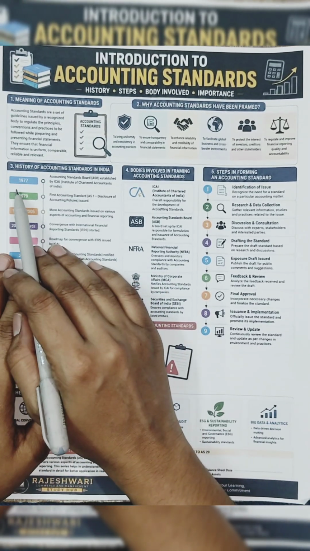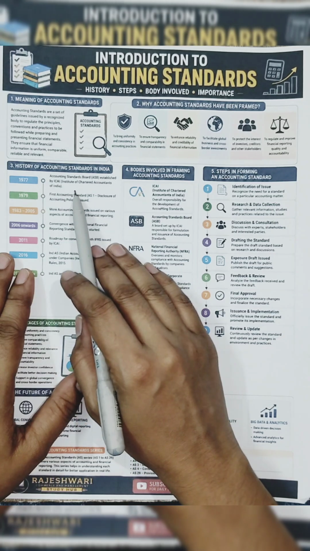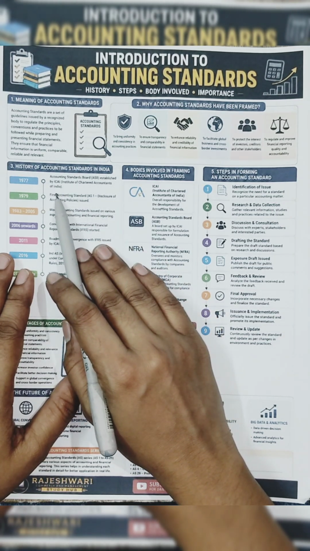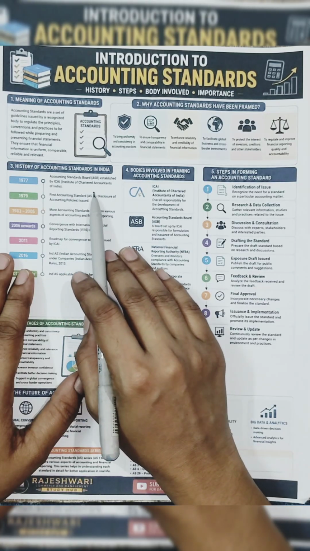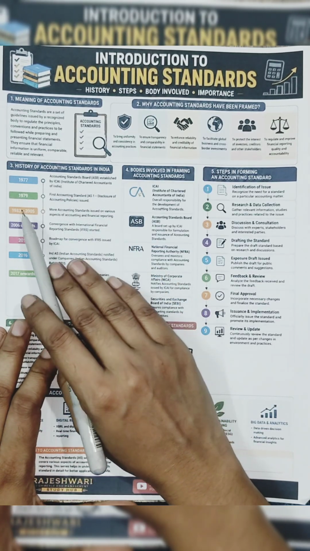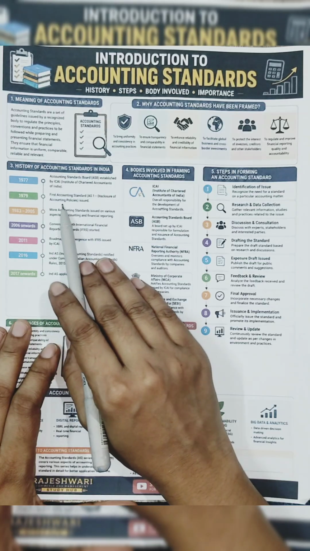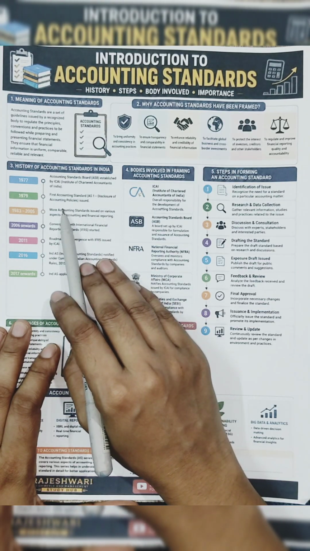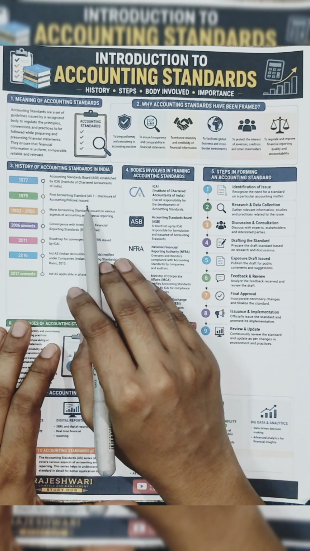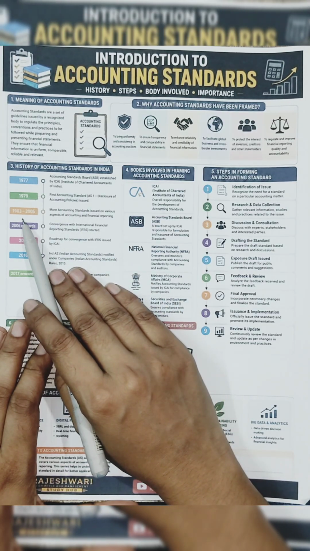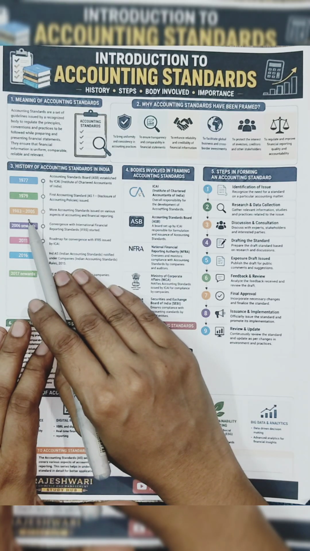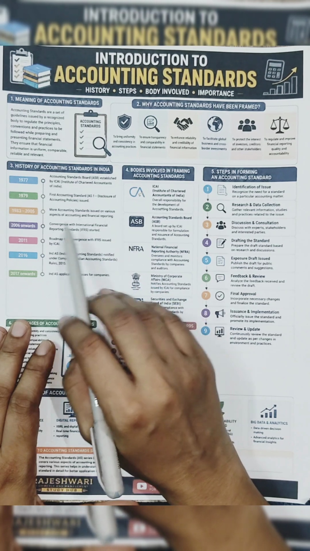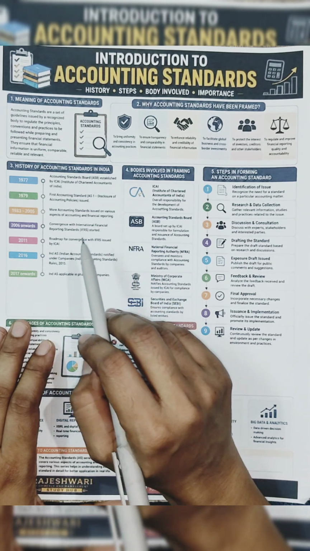What is the history of accounting standards in India? In 1977, the Accounting Standards Board was established by the ICAI, the Institute of Chartered Accountants of India. In 1979, the first accounting standard, AS 1, Disclosure of Accounting Policies, was issued. Between 1983 and 2005, more accounting standards were issued on various aspects of accounting and financial reporting.